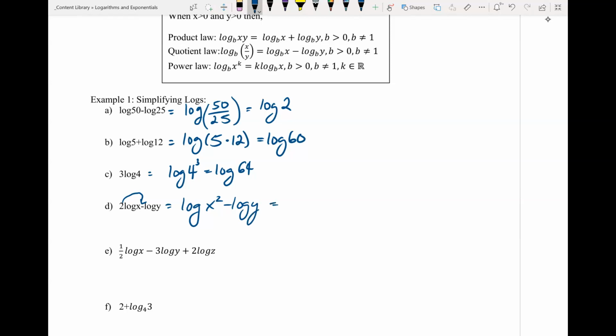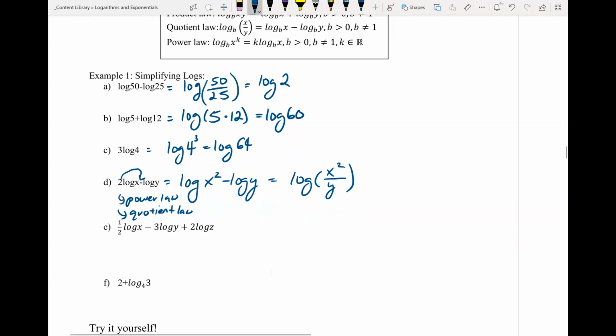And then I can use our quotient law because we have a minus in between the two terms of logs. So that is going to be log x squared divided by y. So notice here I use the power law first, and then I will use our quotient law. Once you get a lot of practice, you don't even need to separate it into 2 steps. You could just do it all in one, and that is completely fine as well.